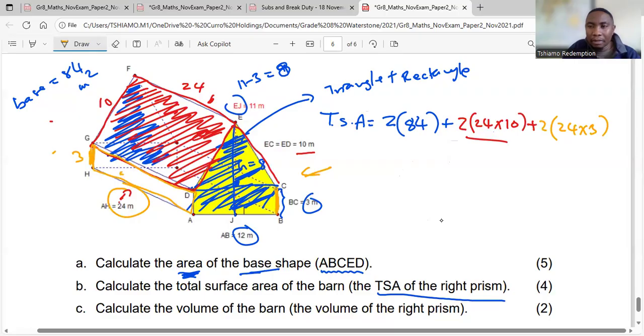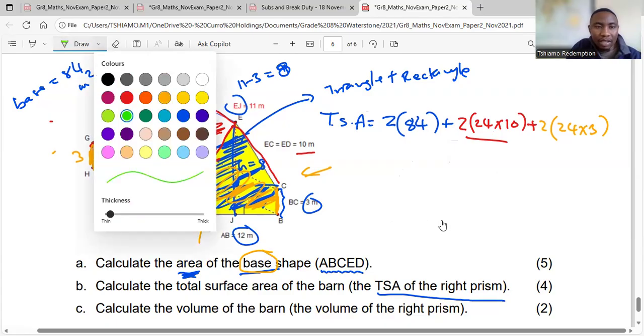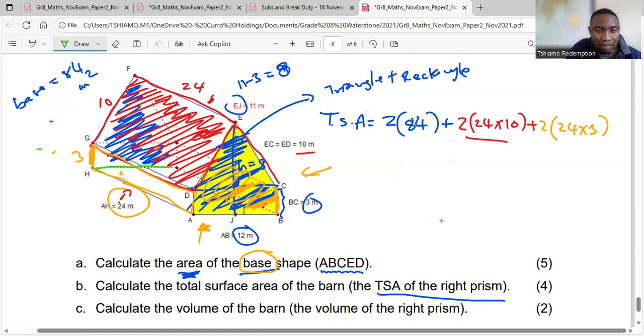And then which side is missing? This front part. Can you see the front part? Oh, no. The front part is covered with the base. It's covered because this whole shape is part of the base. The only missing part is the bottom part. Do we have another color here? Green here. Do you see this part?